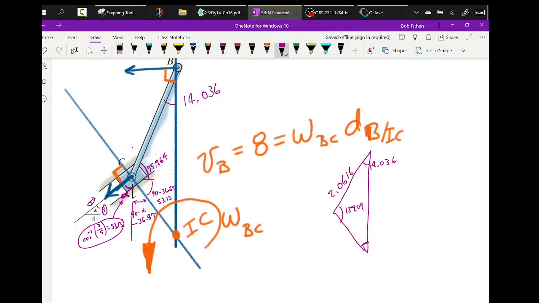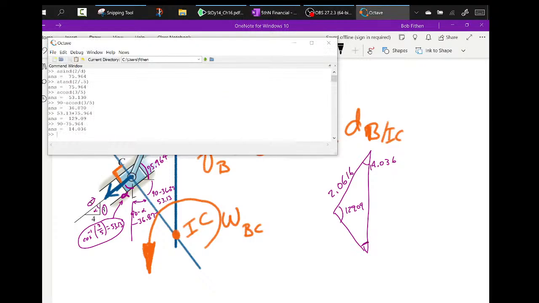This one will be 180 minus 129.09 minus 14.036. Okay. It becomes 36.874.